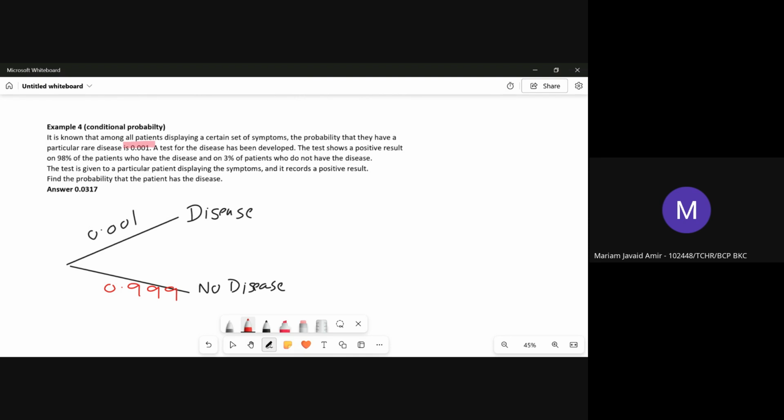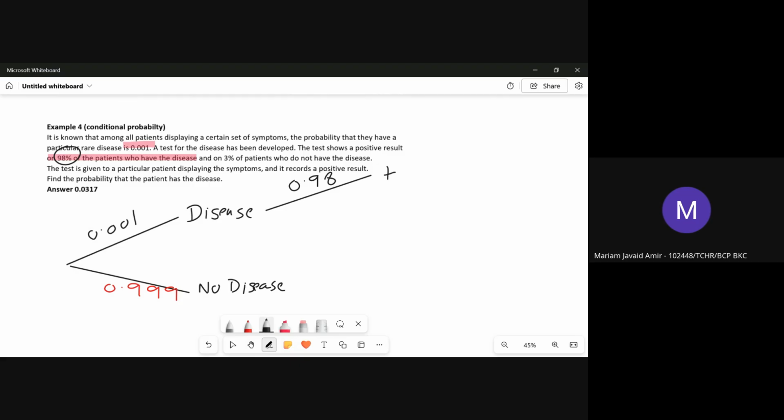So probability के एक पेशेंट को डिजीज है इज 0.01 और प्रोबेबिलिटी के उसको डिजीज नहीं है इज 0.999. A test for disease has been developed. The test shows a positive result on 98% of the patients who have the disease. तो अगर डिजीज है तो पॉजिटिव रिजल्ट आने की प्रोबेबिलिटी 98% है. 98% is 0.98 क्योंकि probability 0 से 1 तक होती है.